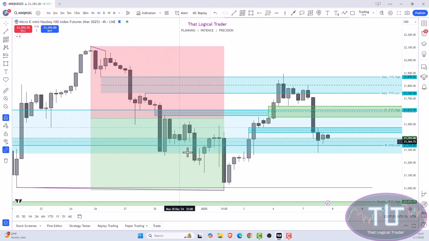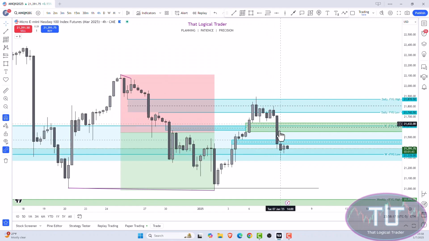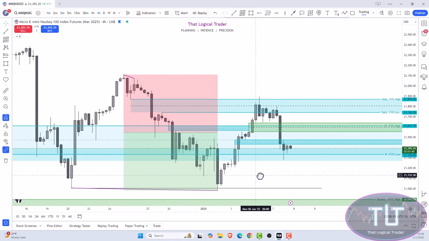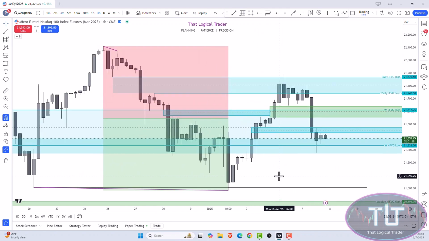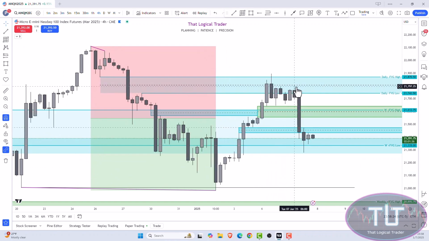During this move, the only significant 4-hour fair value gap was this. We did not take that last week, left that unmitigated, untouched, and then Monday we opened Sunday and we started rallying higher. Monday we started displacing lower, and now what we have here is today's price action.